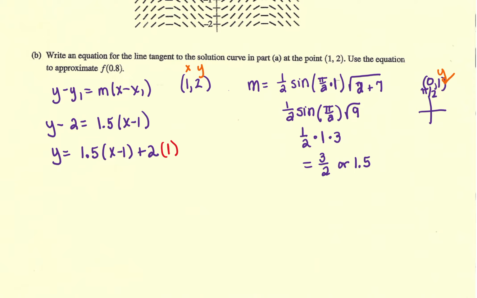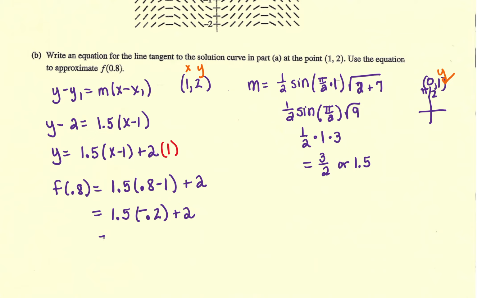Now we're going to take that tangent line and use it to approximate f of 0.8, which means you're going to take your 0.8 and put that in for x. So 1.5 times (0.8 minus 1) plus 2. Now recall, question 5 is one without a calculator. So 0.8 minus 1 is negative 0.2.